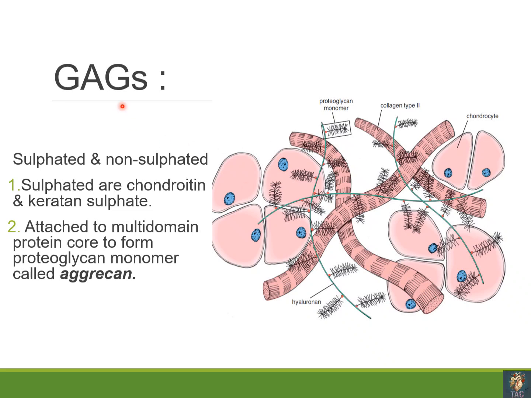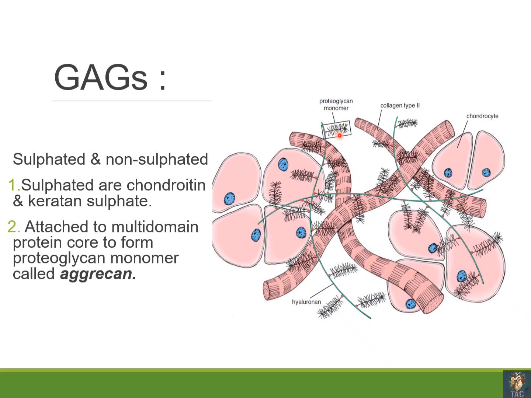So the GAGs, the glycosaminoglycans, are sulfated and non-sulfated. The sulfated ones are chondroitin and keratan sulfate, and they are attached to the multi-domain protein core to form the proteoglycan monomer, also called the aggrecan. So this is the proteoglycan monomer, in which you can see the core protein in the center, and to the core protein are attached the GAGs.